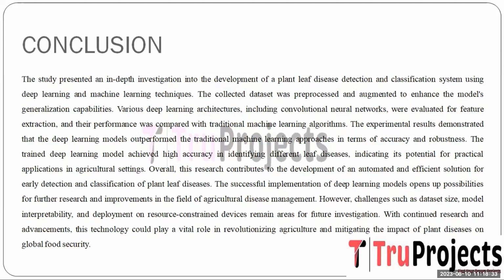Various deep learning architectures, including the convolutional neural network, were evaluated for feature extraction, and the performance was compared with the traditional machine learning algorithm. The experimental results demonstrated that the deep learning model outperformed the traditional machine learning approach in terms of accuracy and robustness. The trained deep learning model achieved higher accuracy in identifying the different leaf diseases, indicating its potential for practical application in agricultural settings.